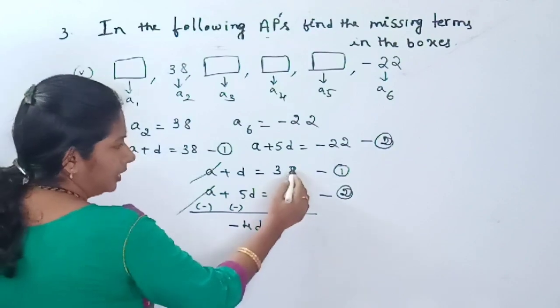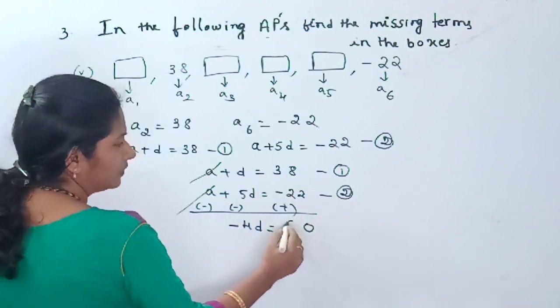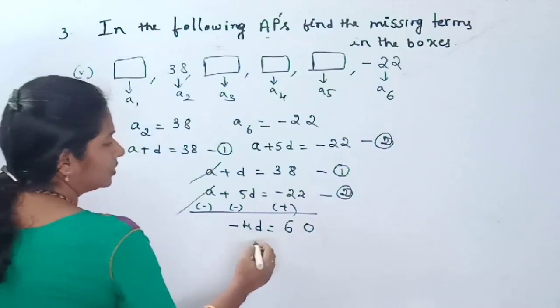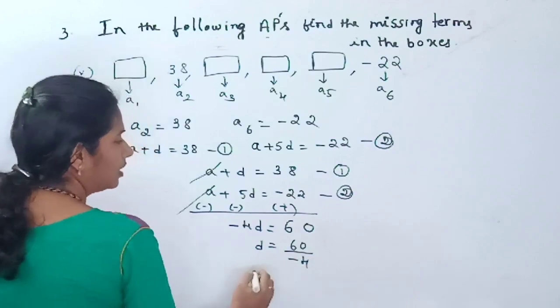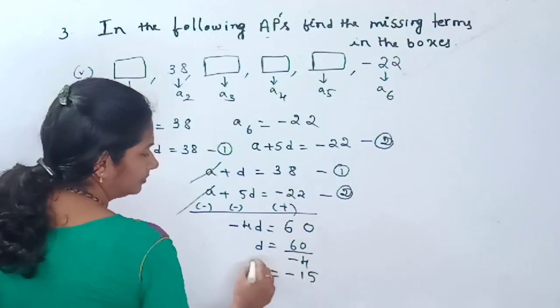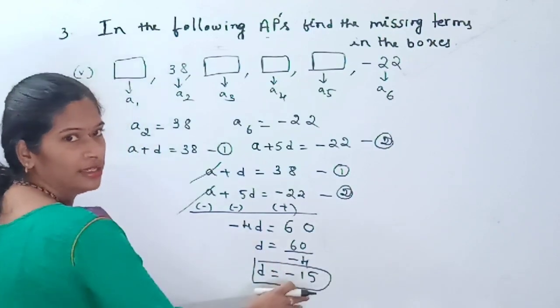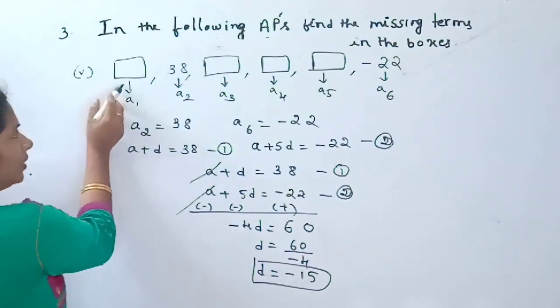Okay, so 8 plus 2 is 10, 3 plus 2 is 5, 5 plus 1 is 6. So now D value is 60 divided by -4. So D value is -15. What is the common difference, children? It is -15. So now we have to find the first term.